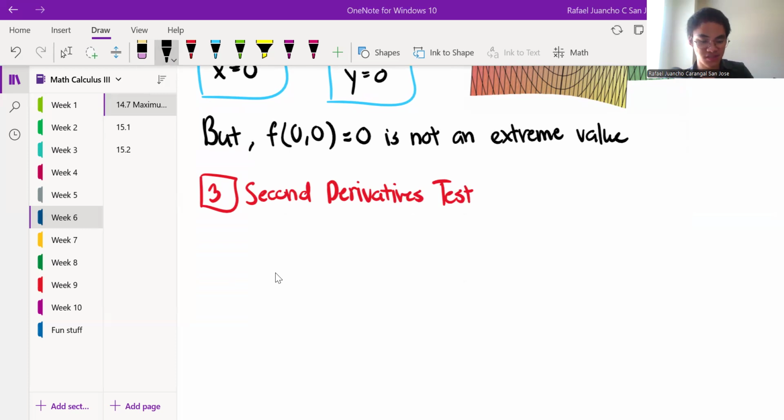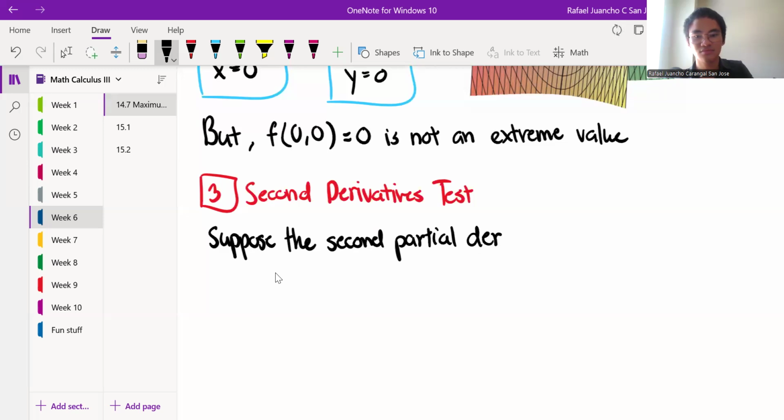Let's give a scenario. Suppose the second partial derivatives of f are continuous. So here's what we're dealing with in these intro calculus courses: we're going to be dealing with continuous functions.